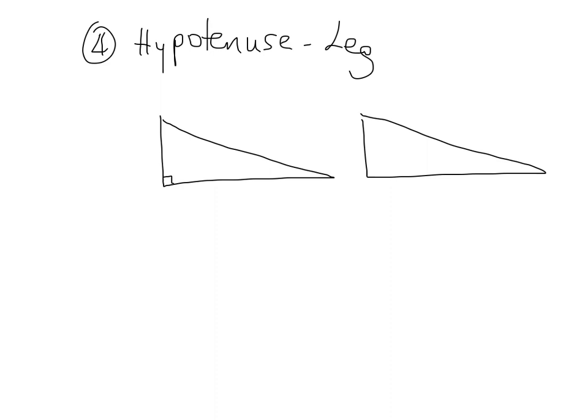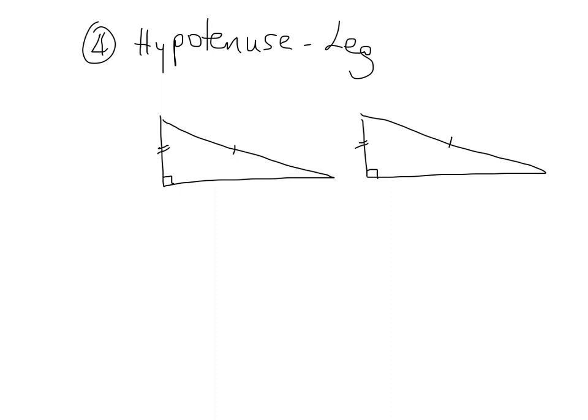If we have 2 right triangles and we know that the hypotenuse of one is congruent to the hypotenuse of the other, and any of the legs, doesn't matter which one, so let's say one of the legs is congruent to a corresponding leg, then that is enough information to tell us that our triangles are congruent.